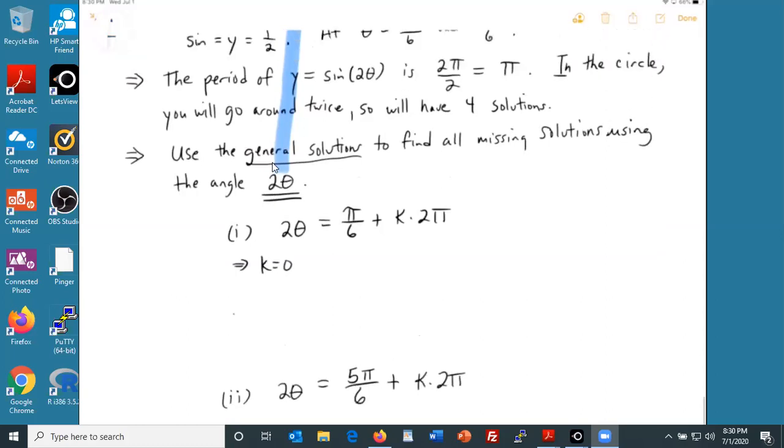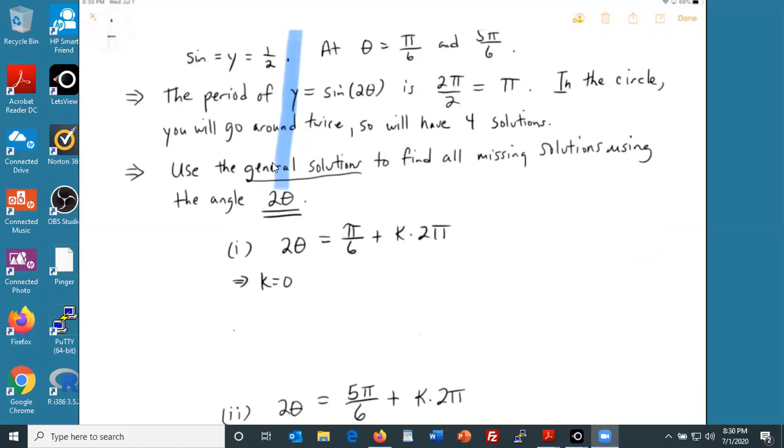All right? Remember that we already have, so far, let's make a little list here. So far, the solutions are pi over 6 and 5 pi over 6. Now by plugging in k equals 0, let's see if we can get another solution.